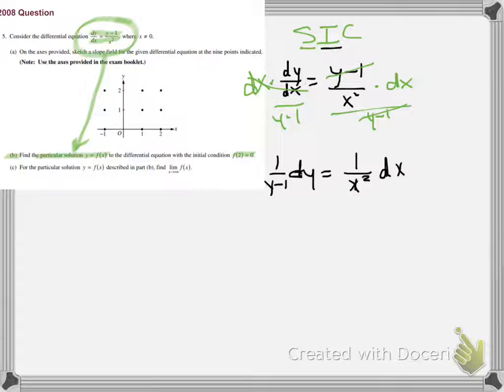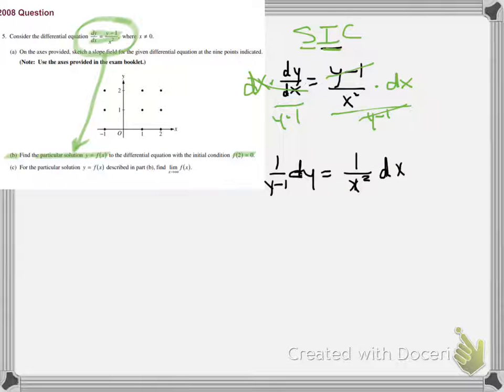By having the 1 over y minus 1 and the 1 over x squared and the dy and the dx separate, it looks like that familiar integral form.